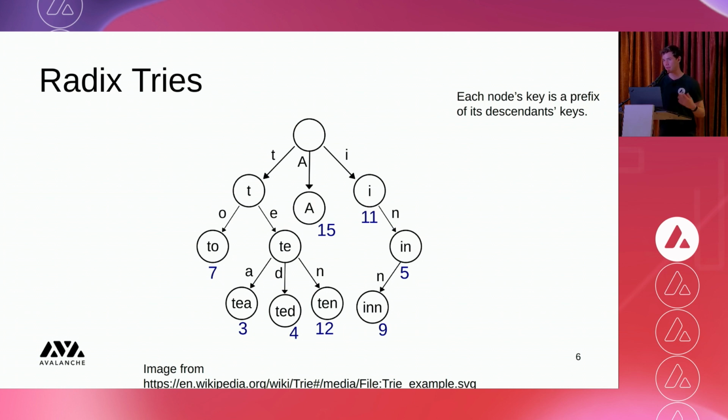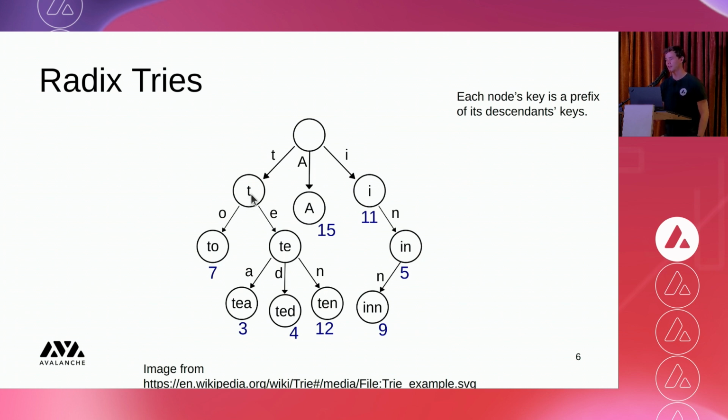So some of you might already be familiar with this data structure called a Radix Trie, also sometimes called Patricia Tries, which is, I think, a specific subset of Radix Tries. But basically the way that it works is this is a tree where every node in the tree's key is its path, right? So like you can see the cursor.